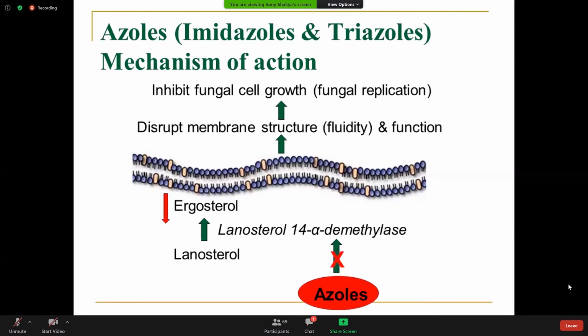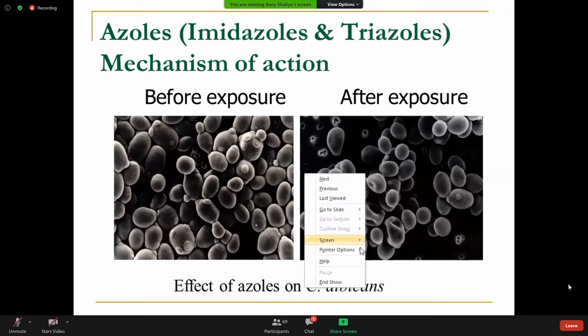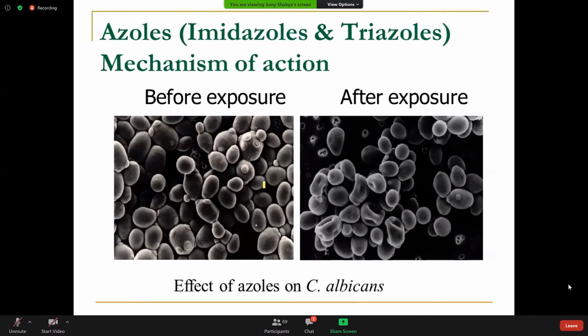Let me show you a microscopic picture of Candida albicans in presence of azoles. This slide is showing the structures of Candida albicans. Their membrane, you can see they are reproducing as well.